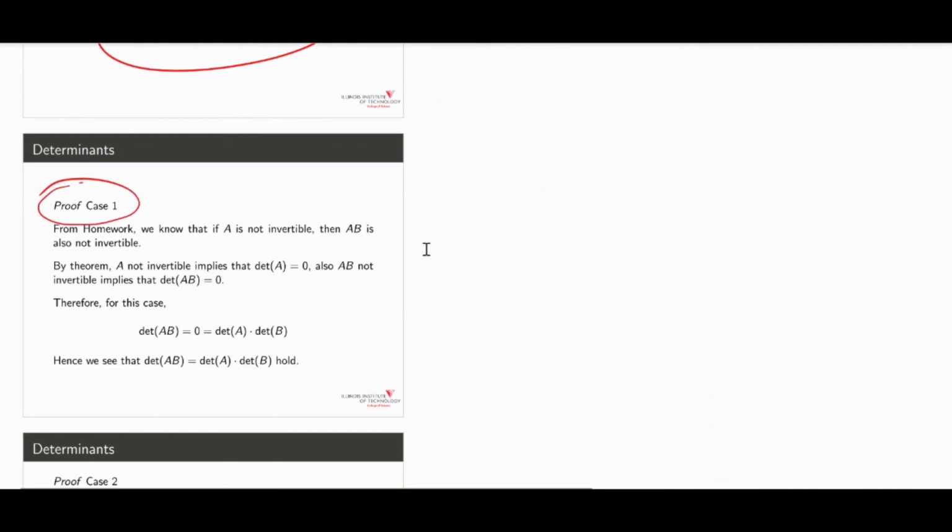Case 1 assumes something that we know from the homework. In the homework, we didn't prove this using determinants. This is important because we don't want our arguments to run in loops. In the homework, we proved the statement without using determinants at all. We just used the definitions.